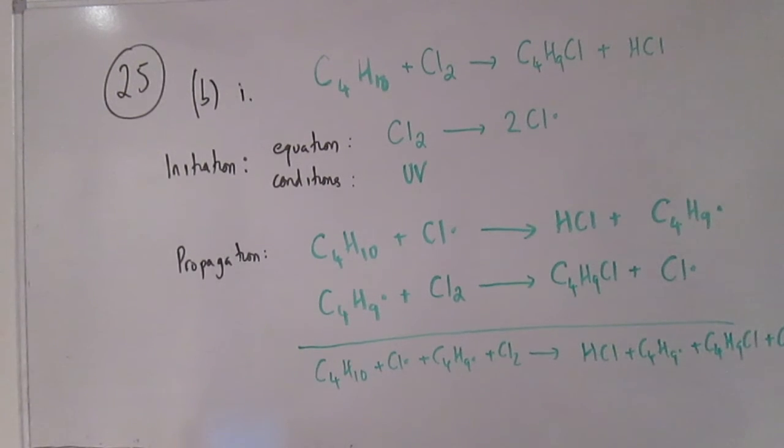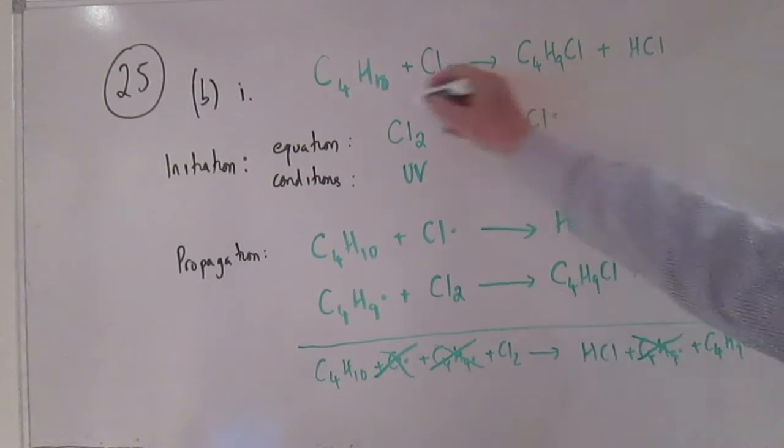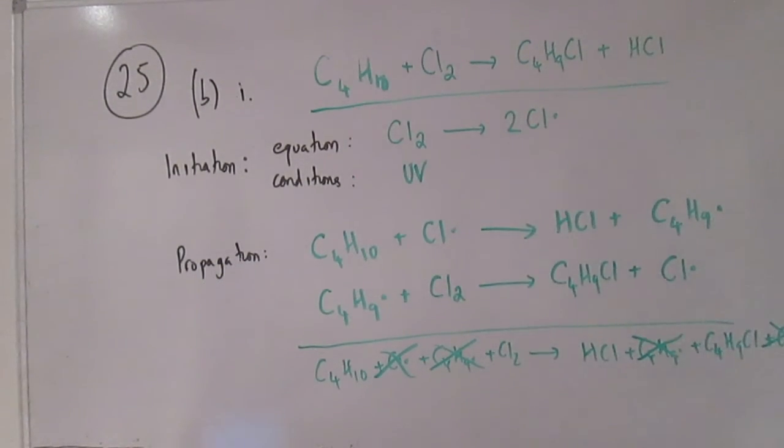And that looks like a mess until you realise that there are a lot of things that are there on both sides and which therefore should cancel out. So the Cl dot is there on both sides, so that drops out. And the C4H9 dot is also there on both sides, so that also cancels out. And what you're left with is C4H10 plus Cl2 goes to HCl plus C4H9Cl, which is indeed the overall reaction. So you know, therefore, that those propagation reactions make sense because they add up to the correct overall equation.